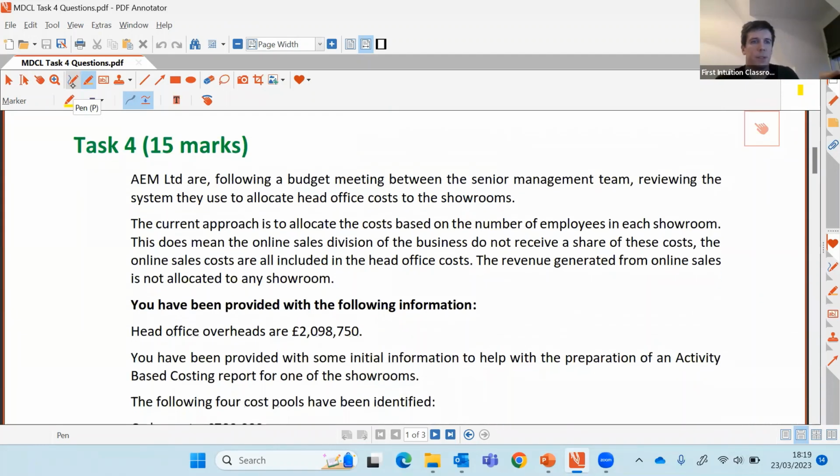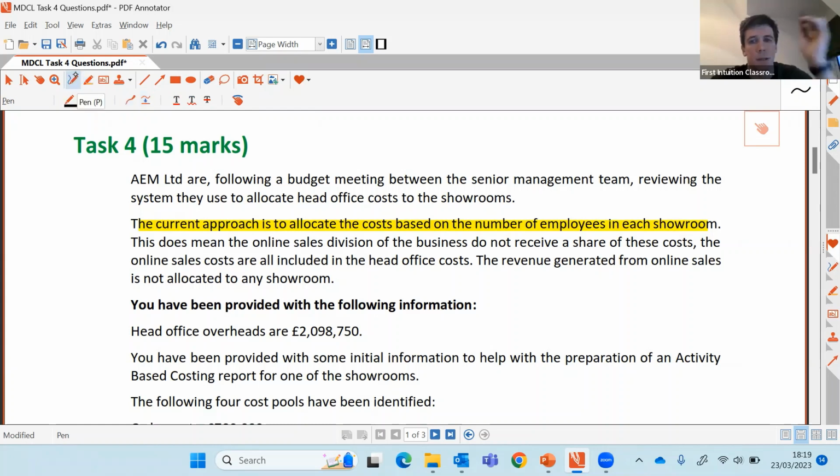So let's have a look. As it says, following a budget meeting between the senior management team, AEM are reviewing the system they use to allocate head office costs to showrooms. At present, all they do is allocate costs based on the number of employees in each showroom.